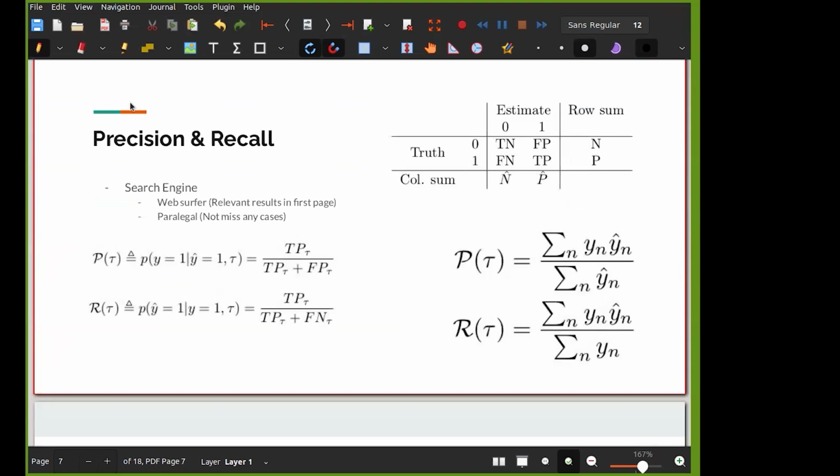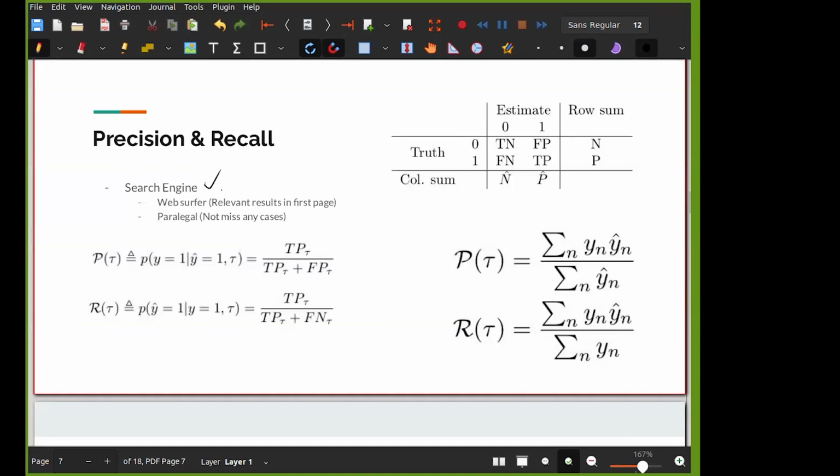Okay. So next two metrics I wanted to discuss were precision and recall. But to discuss that, what I want to share first is this example of a search engine. So let's take two situations. One is like you're a normal web surfer like me and you, where we go to Google and search for things every day.